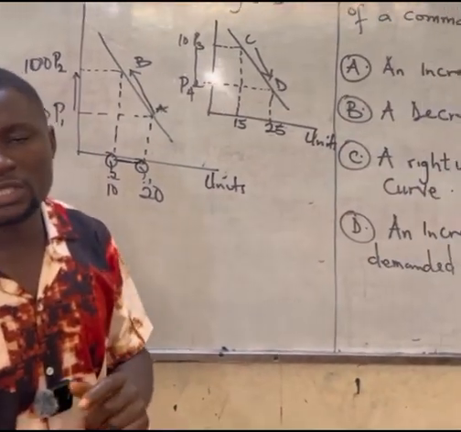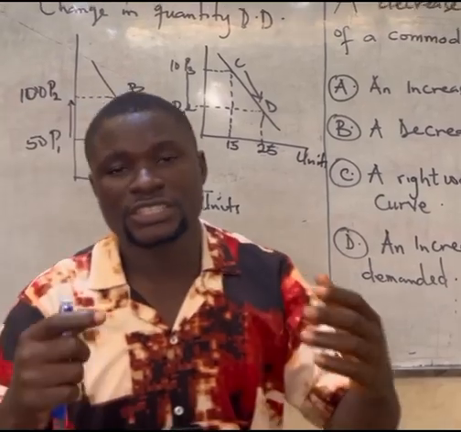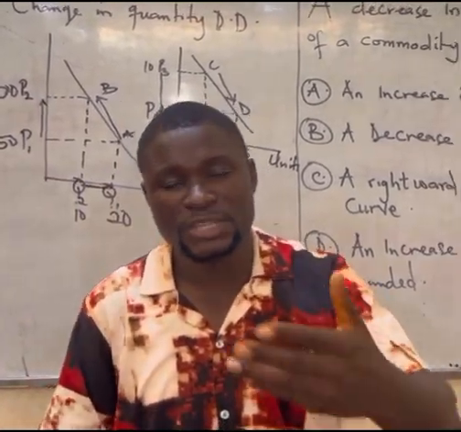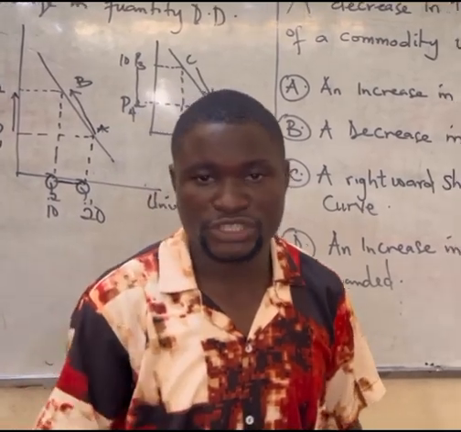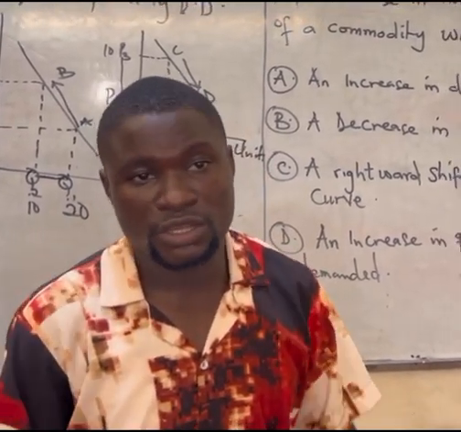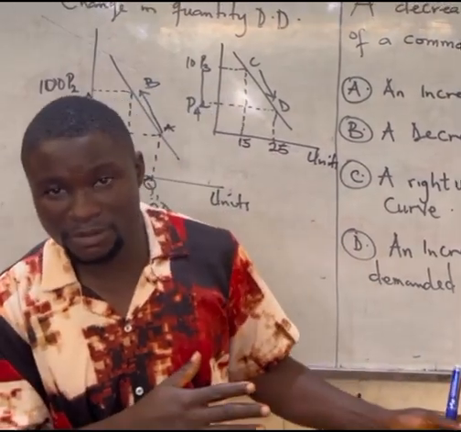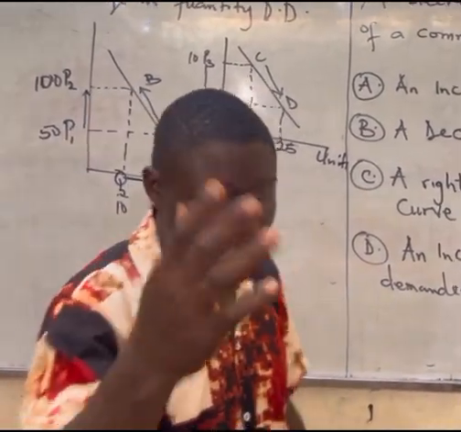But what if we are talking about change in demand? Change in demand is a shift in the demand curve from its original position to a new position, caused by other factors affecting demand aside from the price of the commodity itself. Let's illustrate that.